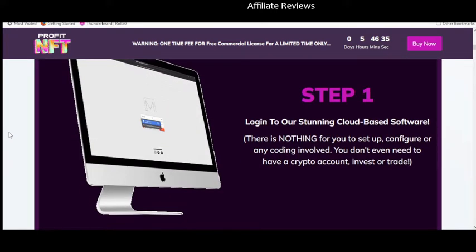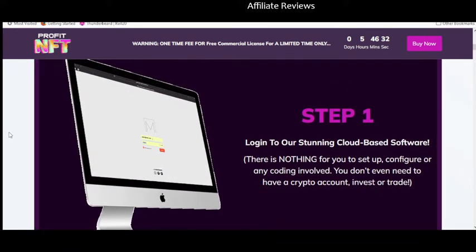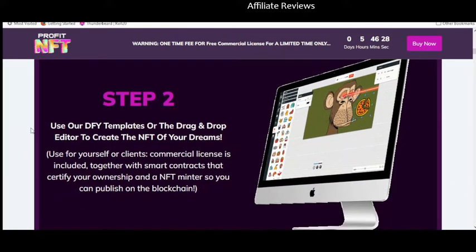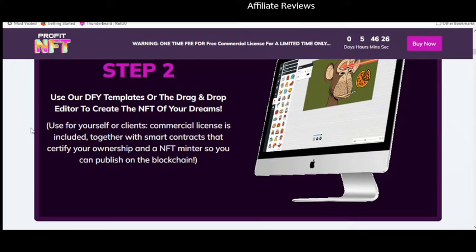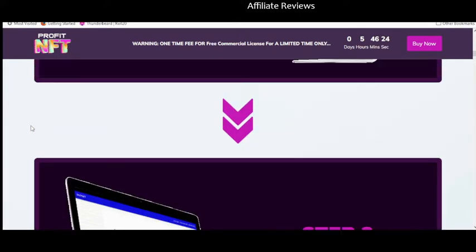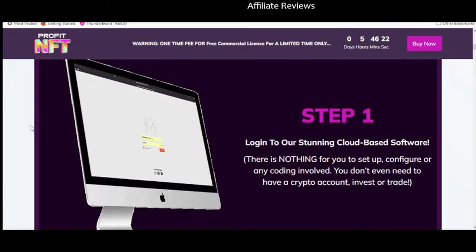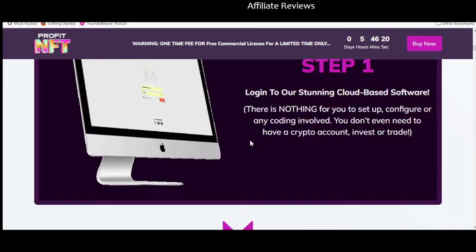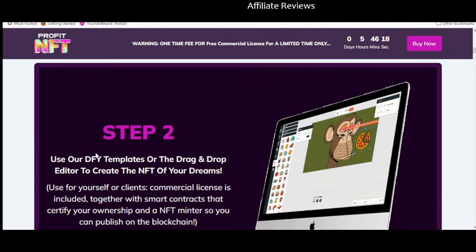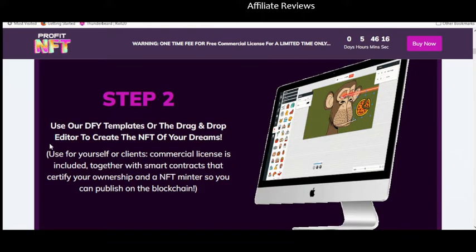From the software demo down below, this actually is one of those rare cases where the 1, 2, 3 actually does look fairly accurate. You set up your account and log in. You use the templates. Basically, you're going to get something similar to Canva that has a lot of little doodles and things like that already set up.